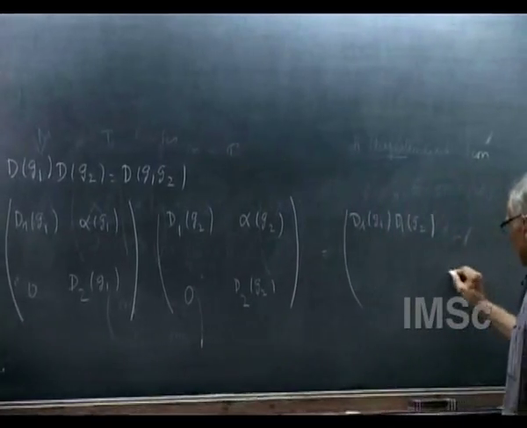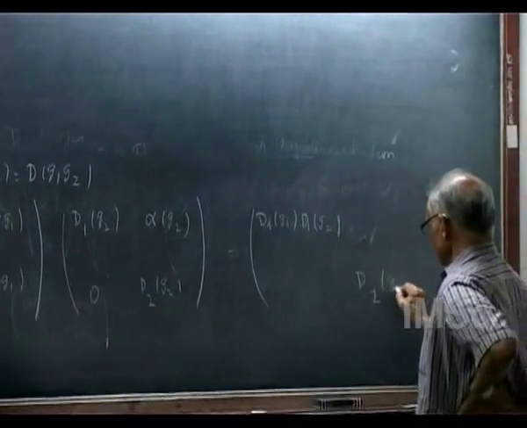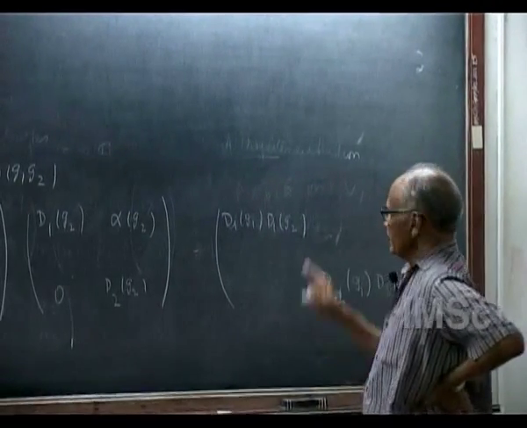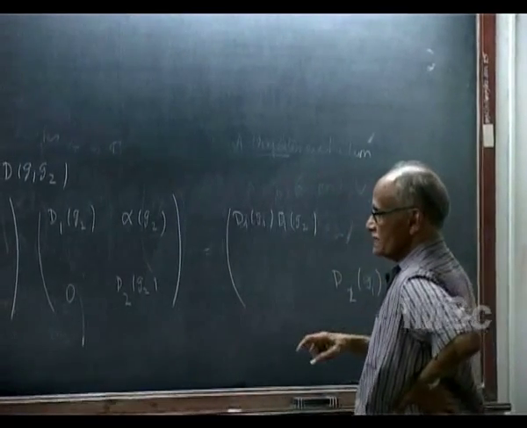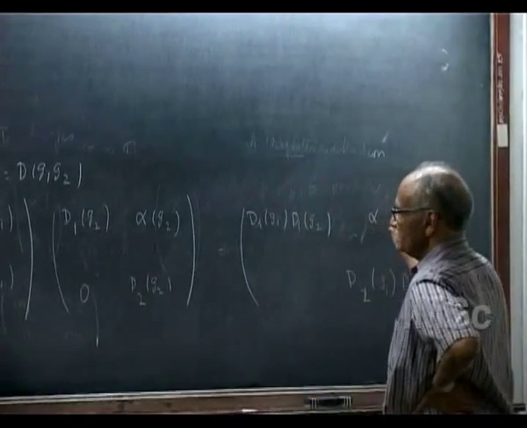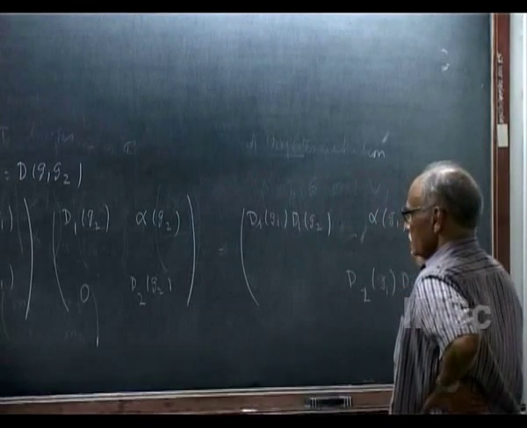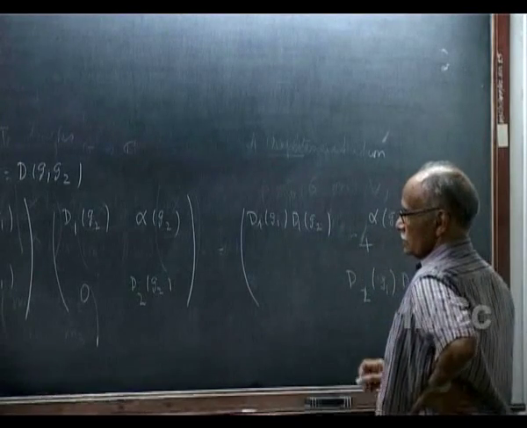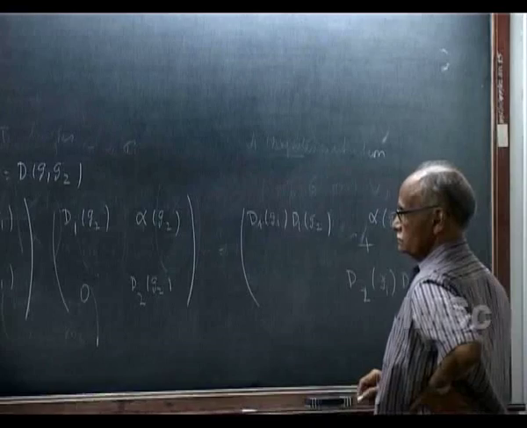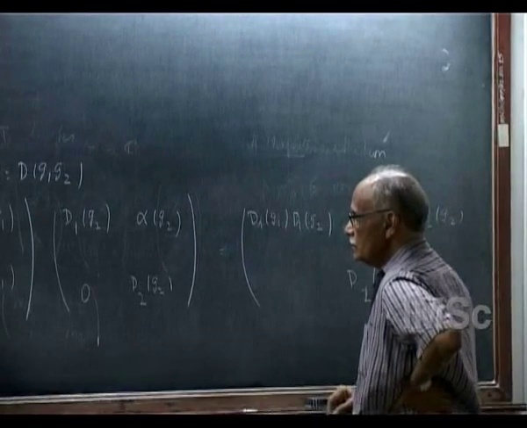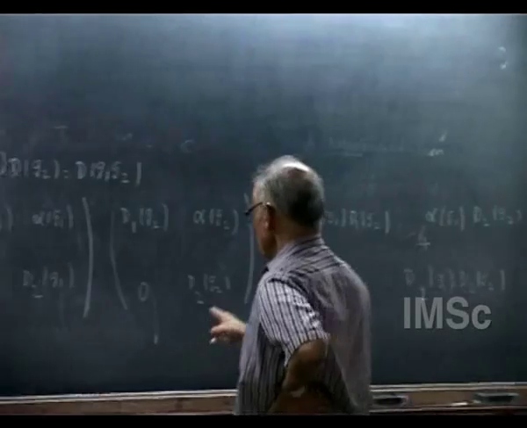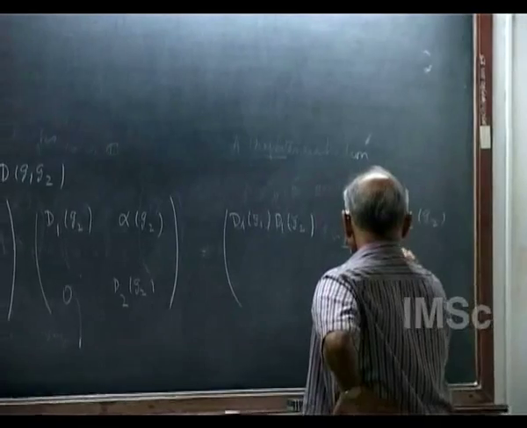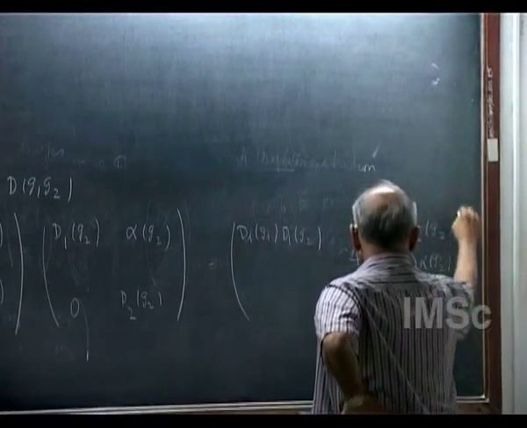Here it will be d2 of g1 d2 of g2. Here I will get something which is very unfamiliar to most of us, because it will be alpha of g1 d2 of g2 plus alpha g1 d1 g2 plus d1 g1 alpha g2, and this is 0.